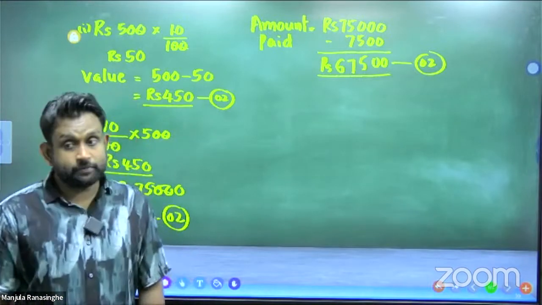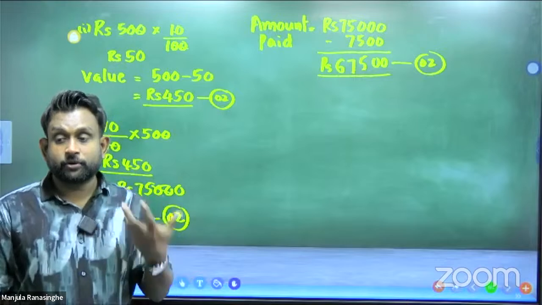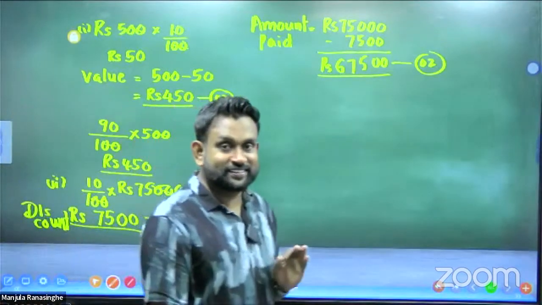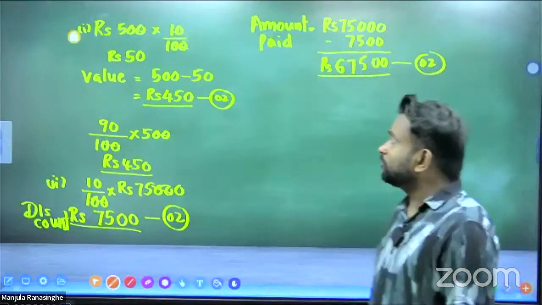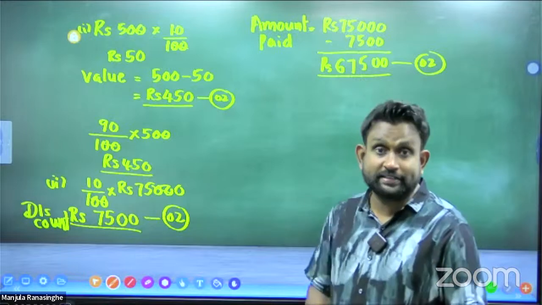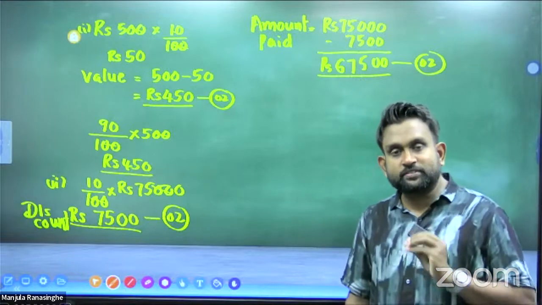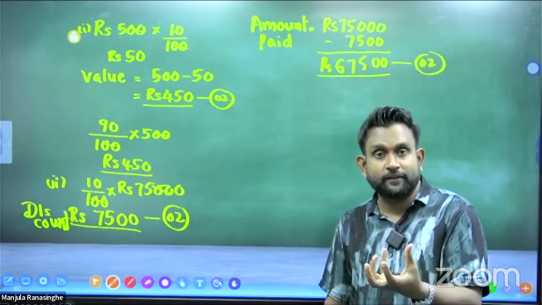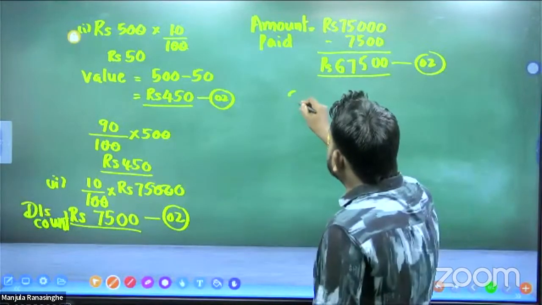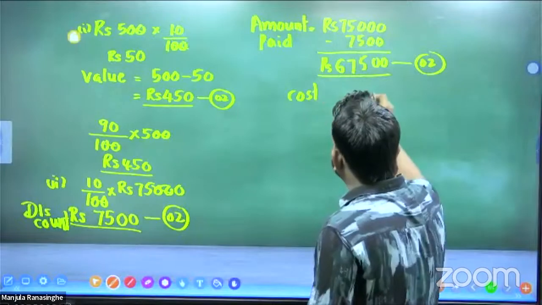Okay, then part 3. The shop owner marked the price of the sofa set 75,000 by keeping a profit of 20%. Then what is the production cost of the sofa set? Some students try to do this one from 75,000, they are going to deduct that 20%. That is incorrect. Why? The 20% is charged on the initial value, what we call the cost. So we will take the cost and the selling price. See this chart.